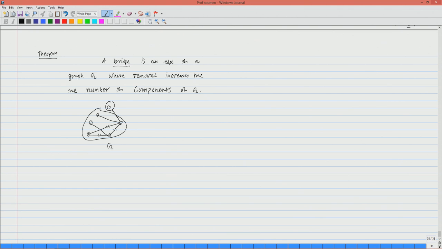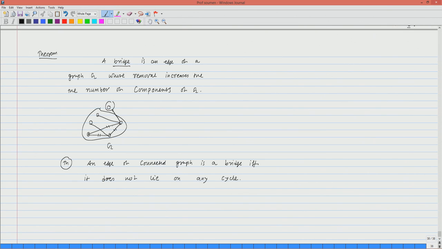Now, you can see that there is a cycle here and it can be proved easily that an edge of a connected graph is a bridge if and only if it does not lie on any cycle.